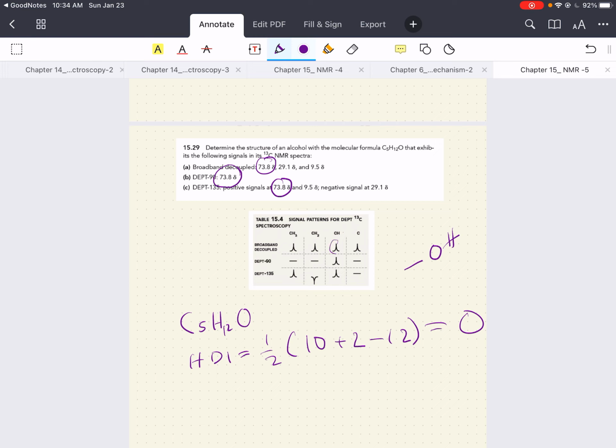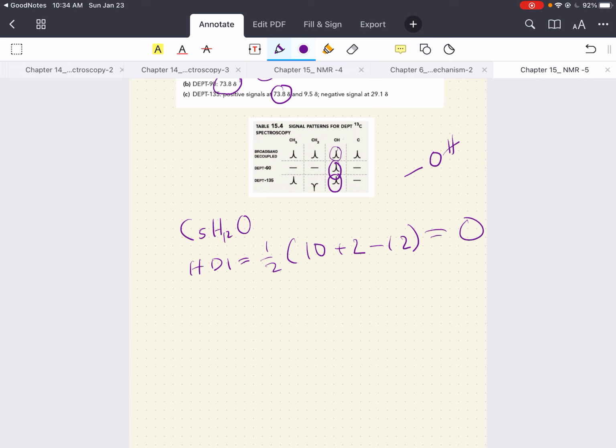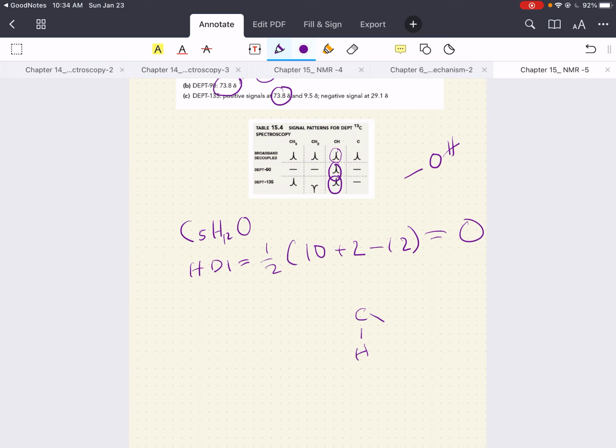So positive signal in the broadband, positive signal in the 90, and positive signal in our DEPT 135. So this is going to be a CH group, a carbon with one hydrogen, and some other groups attached to it.